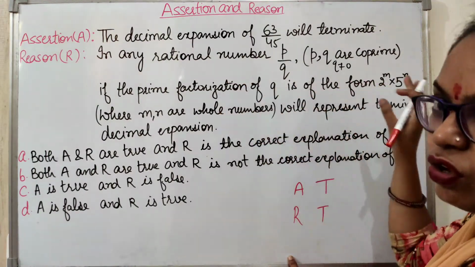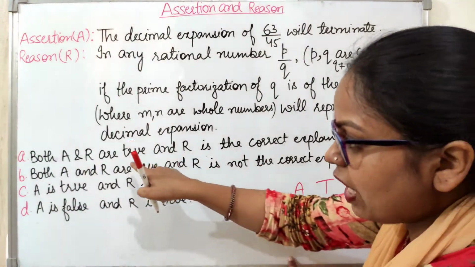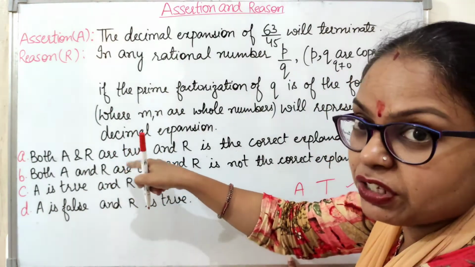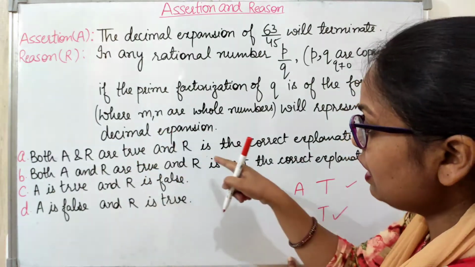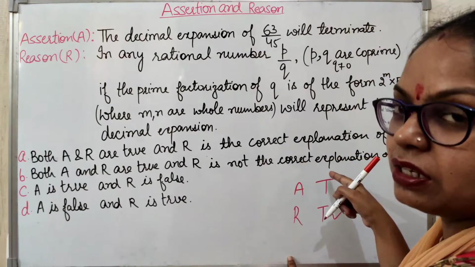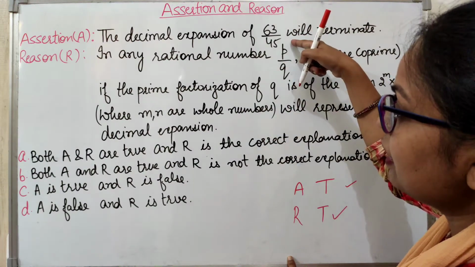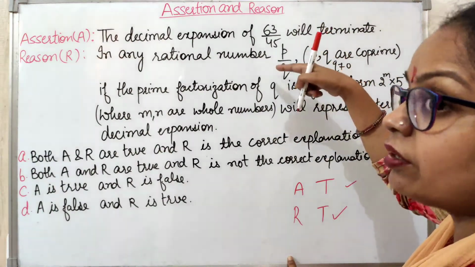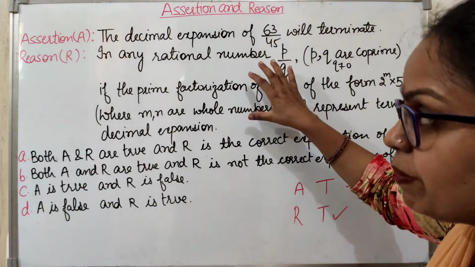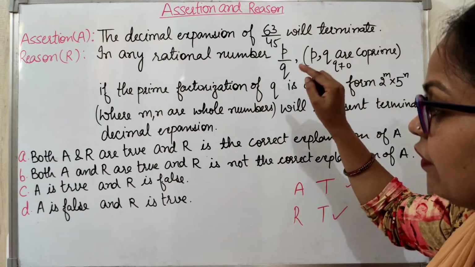If the reason is also true, then out of these two options, something will be the answer. But here it is given that R is the correct explanation or R is not the correct explanation. So we have to check: is R the correct explanation of A, means is this the reason of this or not? Because it may be true, but it is possible that this statement is true, but it is not the correct explanation of this. Right? So we have to check this.